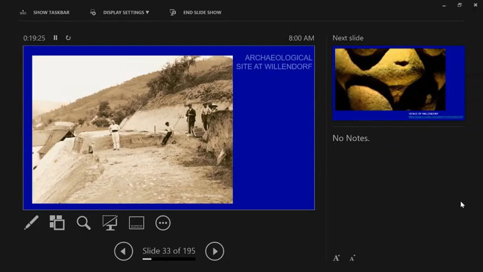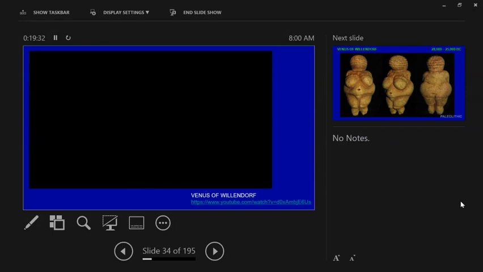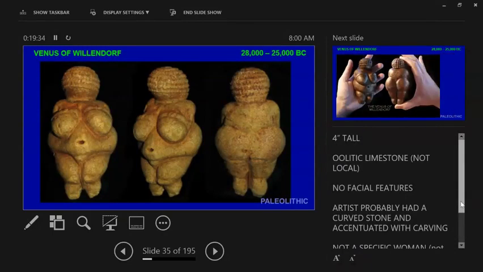Here's the archaeological site at Willendorf. And this is the figure, Venus of Willendorf.